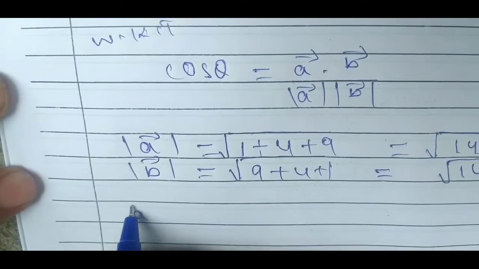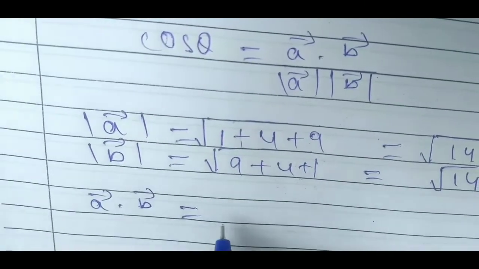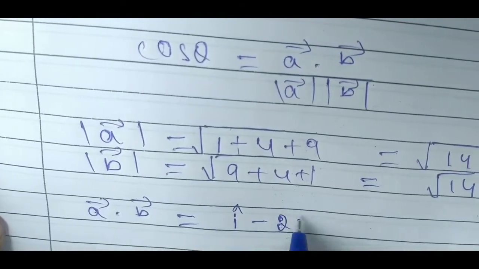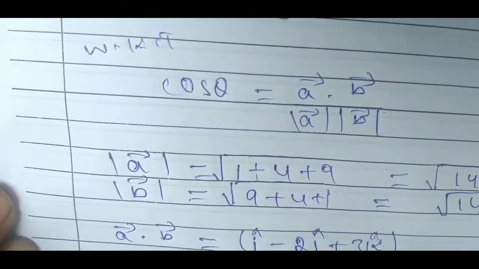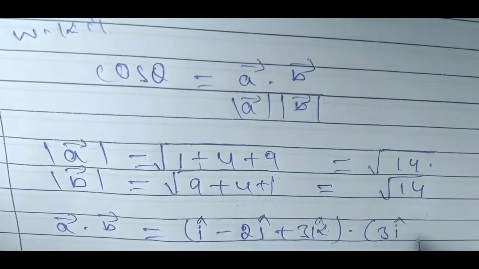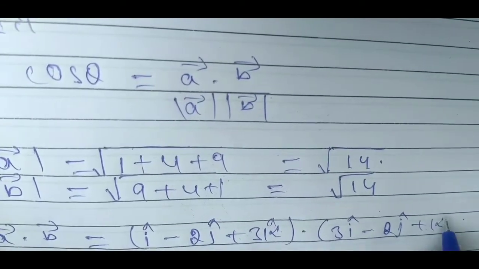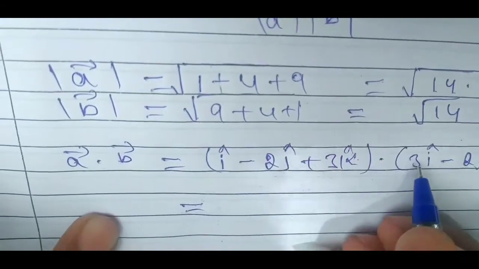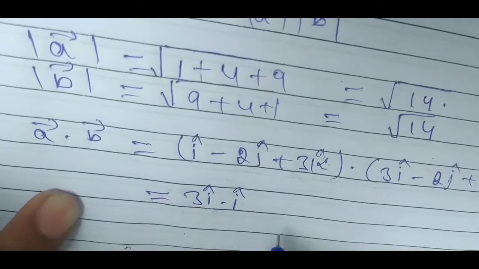Now I will do vector A dot vector B, that is vector A is given i cap minus 2j cap plus 3k cap dot, see this is dot product, not a cross product, 3i cap minus 2j cap plus k cap, which is equal to, let's see, 1 into 3, i cap into i cap.